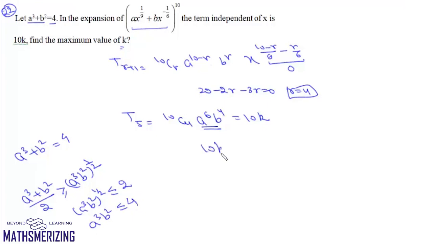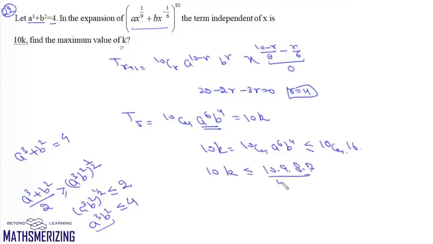Now this 10k is 10 C 4 a to the power 6 b to the power 4, and it will always be less than or equal to 10 C 4 into 16, since a to the power 6 b to the power 4 will be less than or equal to 16. So we'll write 10k is less than or equal to (10 into 9 into 8 into 7) upon (4 into 3 into 2 into 1) into 16.